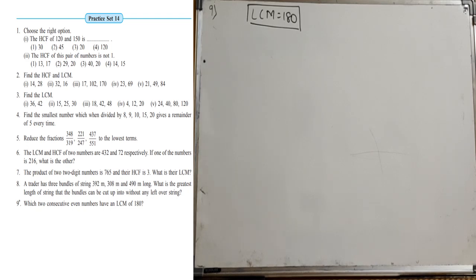So let us solve the sum. Now since 180 is the LCM of those numbers, which means when 180 is divided by those numbers, the remainder will be 0. That is, they will be the factors of 180. So first, we are going to list down all the factors of 180.